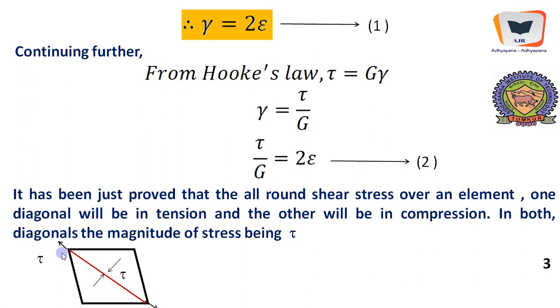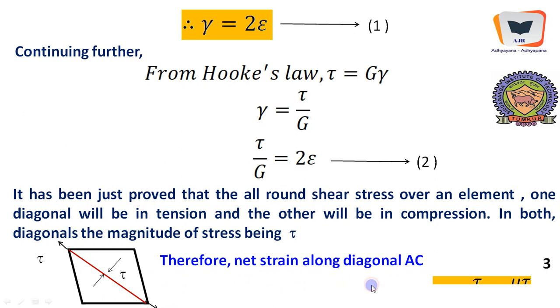Therefore, if we calculate the net strain along this particular diagonal AC, net strain along the diagonal AC equal to the primary strain that is happening over the diagonal exclusively due to tau, and the side effect. It is positive because this is also contributing to the increase in the length of AC.